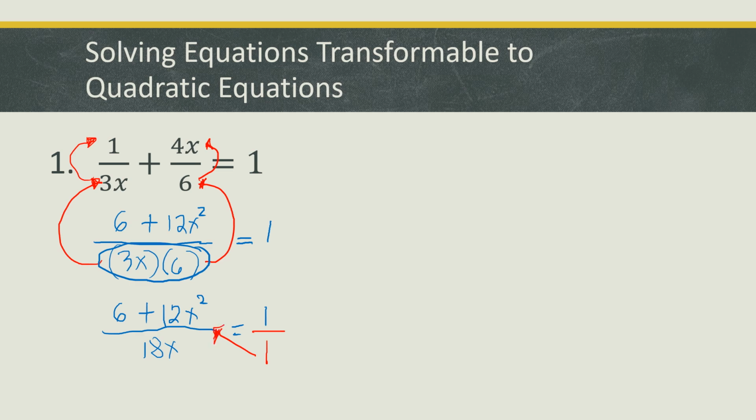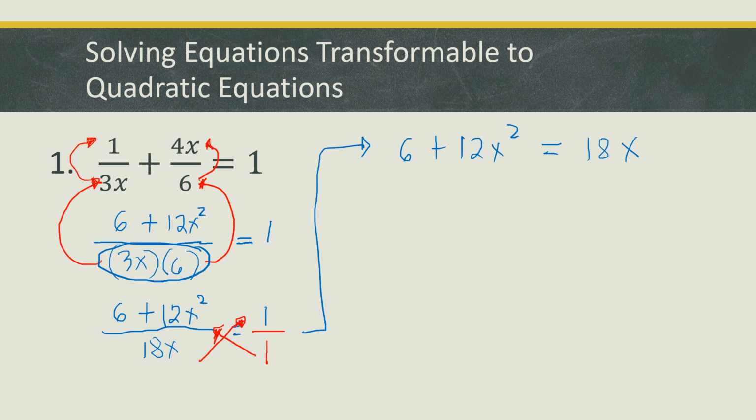First, multiply the numerator to the denominator: 1 times 6 plus 12x squared is 6 plus 12x squared. And then we will multiply the other denominator to the numerator on the other side of the equal sign, which is 18x times 1, and that is 18x.